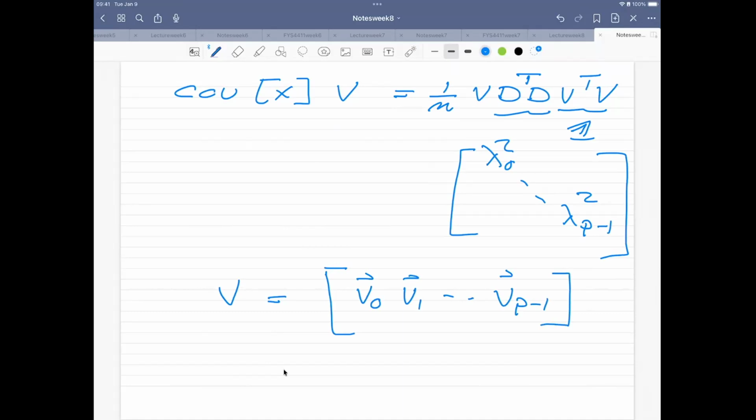If I just look at one of the components, so if I take instead of the matrix V just a vector V of i, then I would have a covariance matrix times a vector V of i, and that is equal to one of these eigenvalues, lambda i squared, the singular value squared, multiplied with V of i.